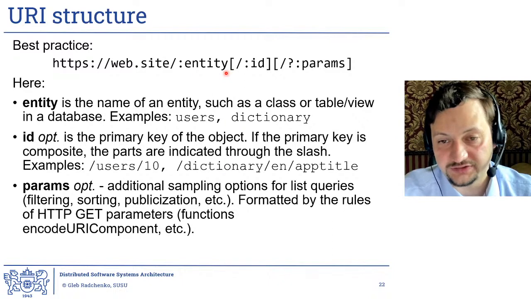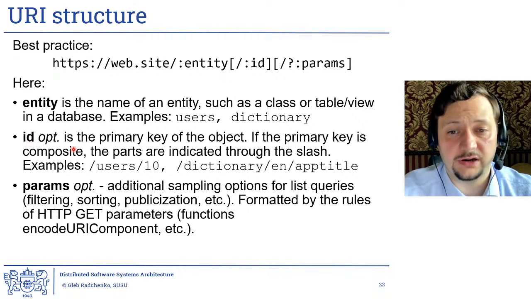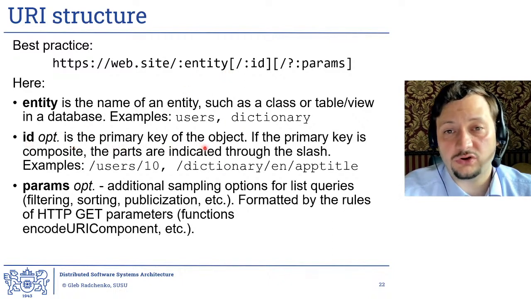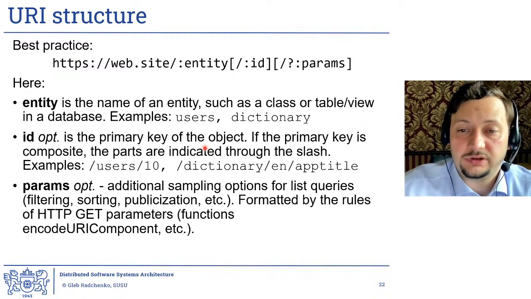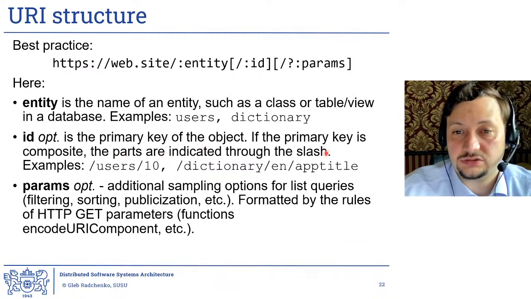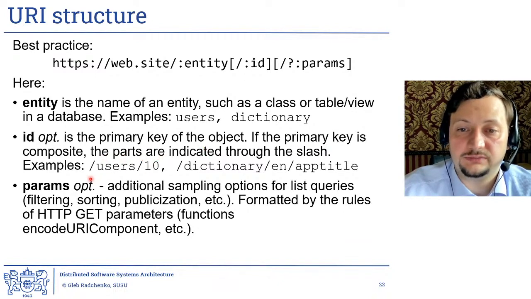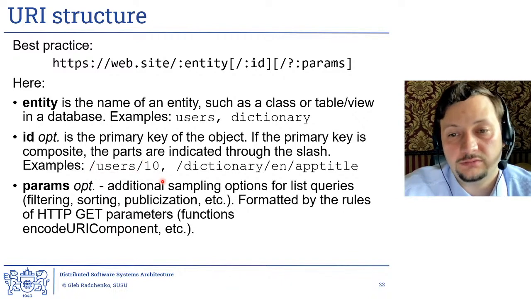There should be some entity here. Identifier is the primary key of the object that you're working with. If the primary key is composite, the parts are indicated through the slash. For example, if we want to take user number 10, we should put slash users slash 10.